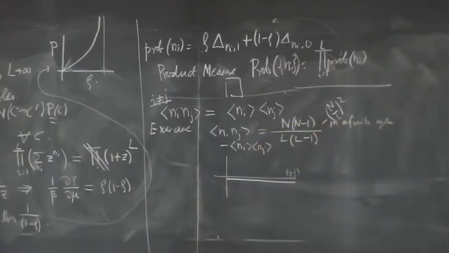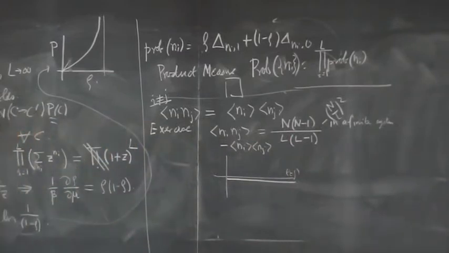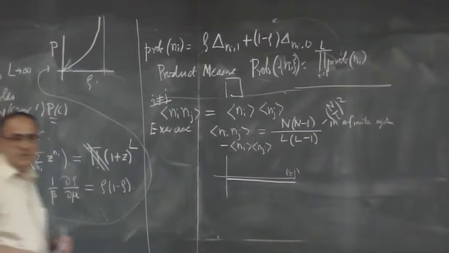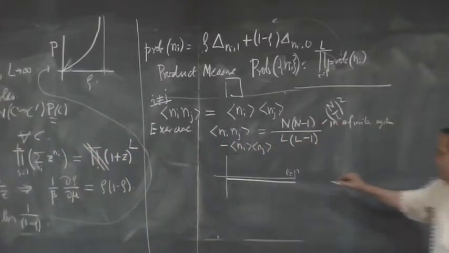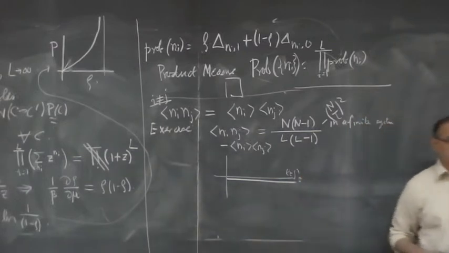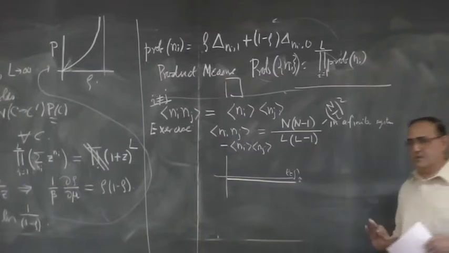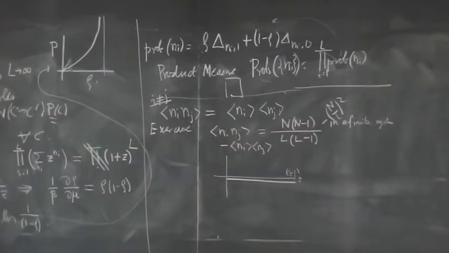That's part of the meaning. What is the meaning of negative? Obviously it means some sort of anti-correlation. But just figure out what it is. And it goes away in the thermodynamic limit. This gap is proportional to 1 by L, and as L goes to infinity, this becomes 0. So please work this out. First of all, work out the answer, and second, prove it and understand it.